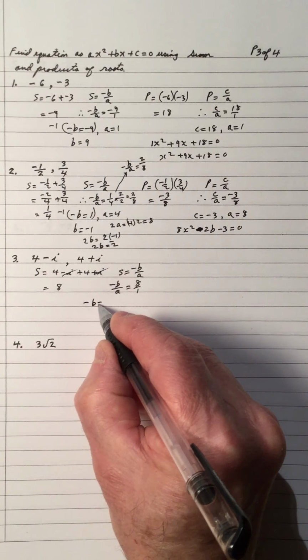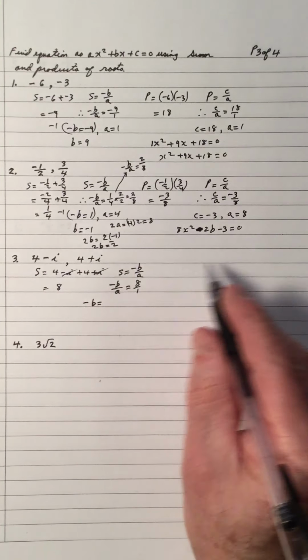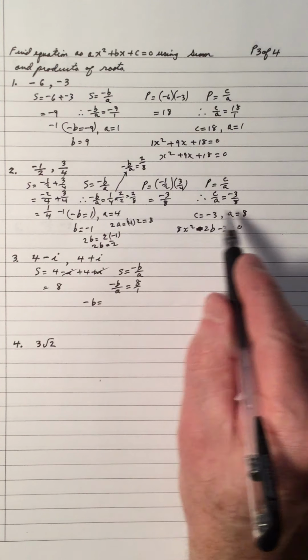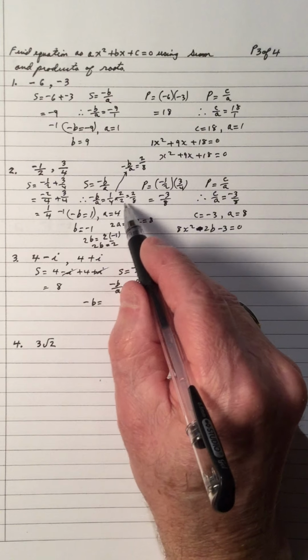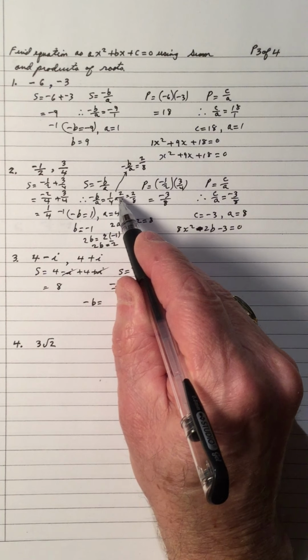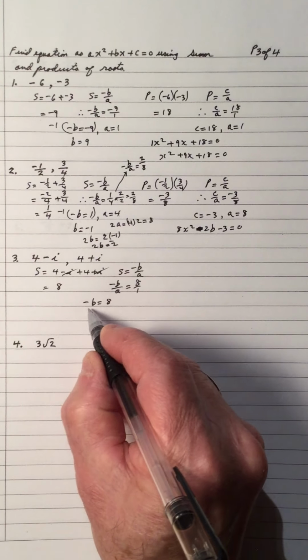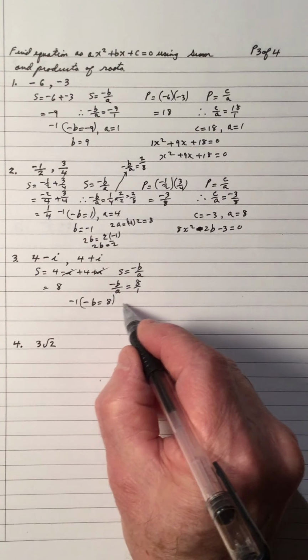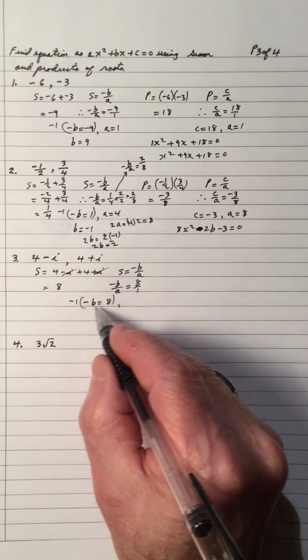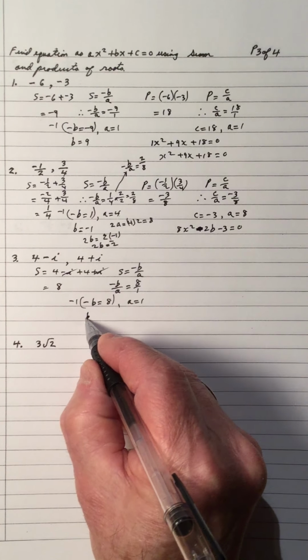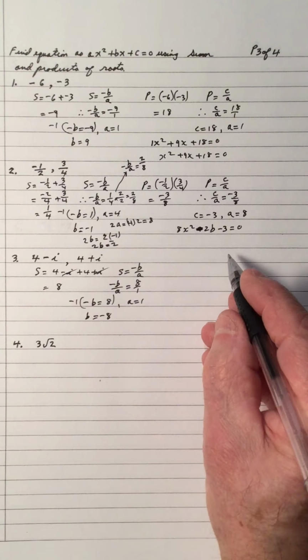So -B. And again, if you want to work them out first, remember, A was 4 and then 8, so we had to make it equivalent with your denominators. So just beware that we multiply by negative. So -B is 8, A is 1. Multiply by -1, make it B equals -8.